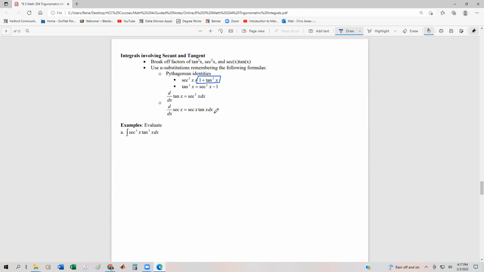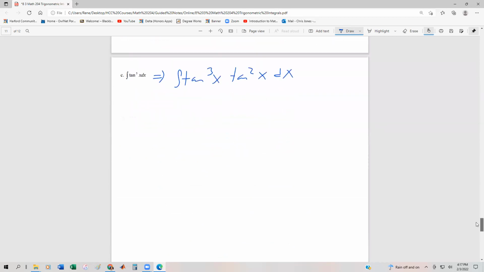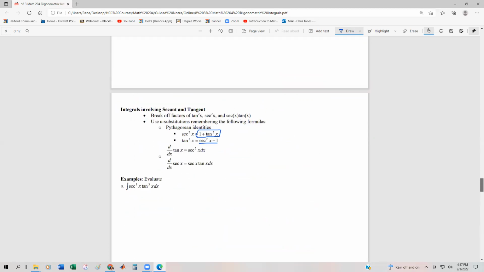So remember, tan square is going to be sec square x minus 1. So going back down here, we can now rewrite this as the integral of tan cubed x, and then we said sec square x minus 1, just to make sure I'm writing it correctly.